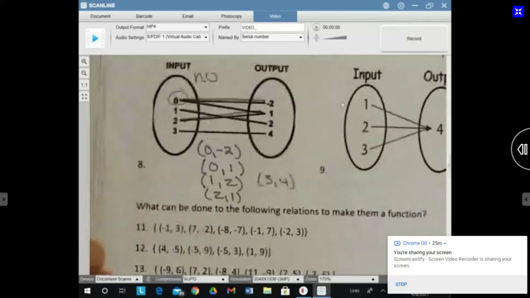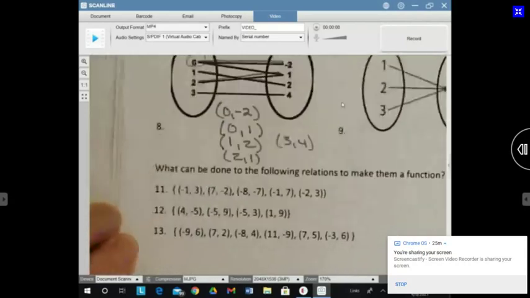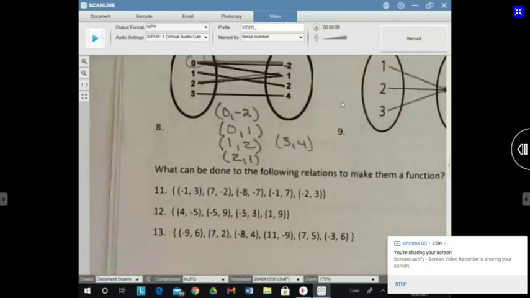What do you have to do to change things? Or what could you do? Everybody could come up with a different answer on problems 11 through 13. What are you going to do, or what could you do to change so that this is a function? Right now, is this a function? No, because I have a negative 1 and a negative 1.